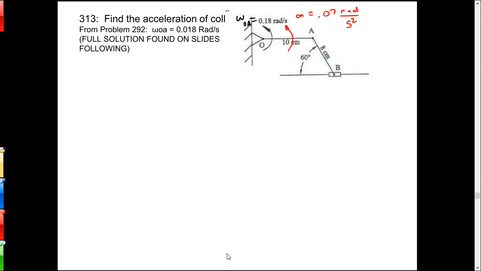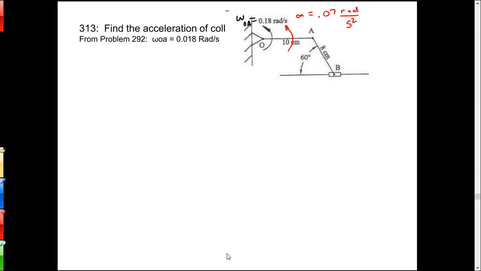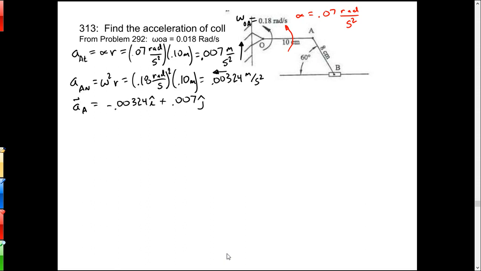So OA is 0.18, alpha is 0.07, and then I can't remember what omega AB is. Is it 0.45? 0.445, thanks. So it's 0.45.